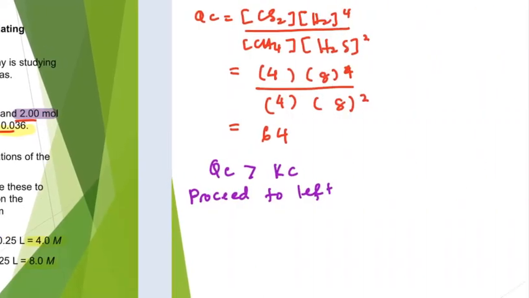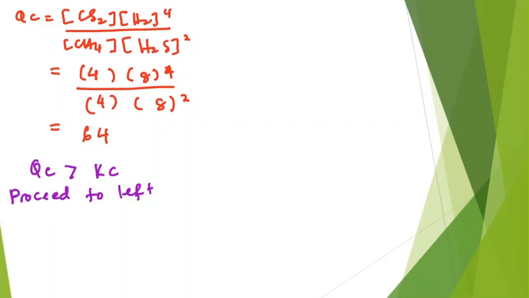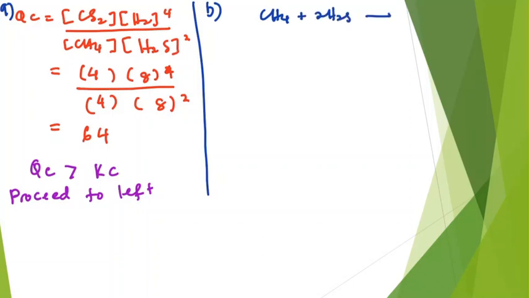Okay, so as usual, to solve this, we have to construct our ICE table in B. So it is CH4 react with 2H2S, produce CS2 plus 4H2.